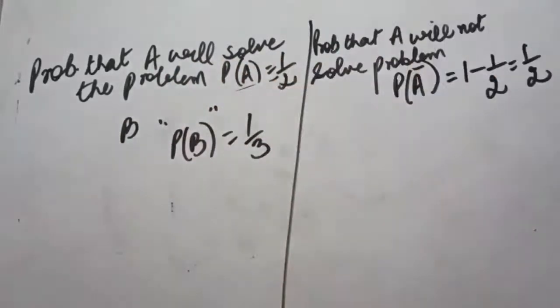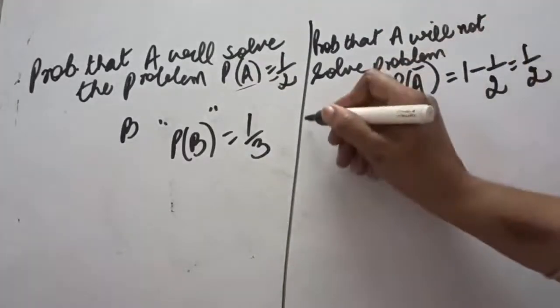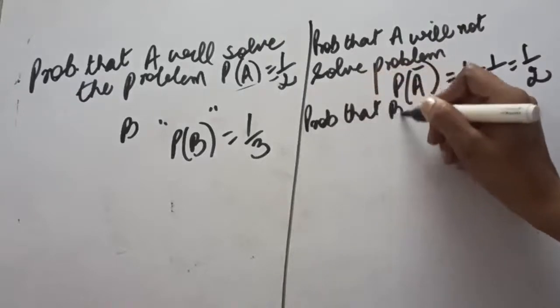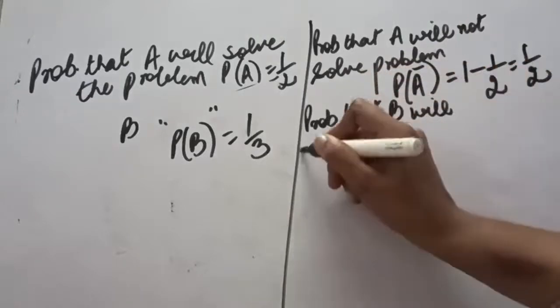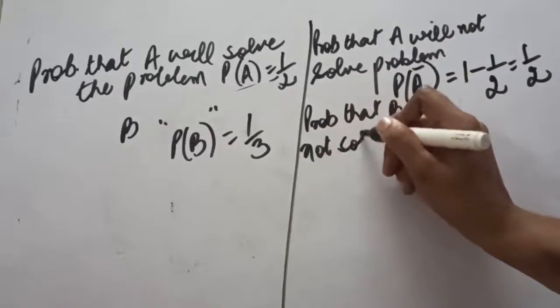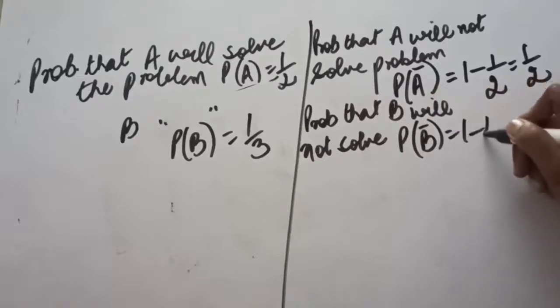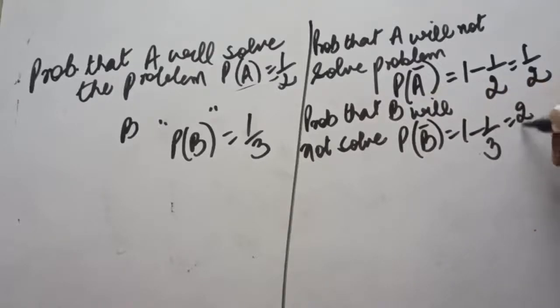So the probability that B will not solve the problem is PB bar, which is 1 minus 1 upon 3. So it will be 2 upon 3.